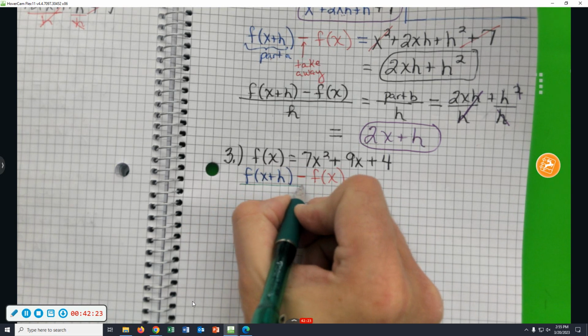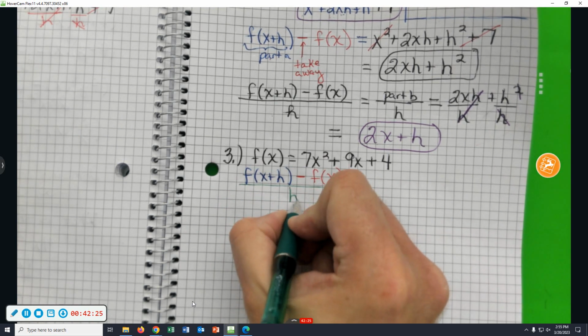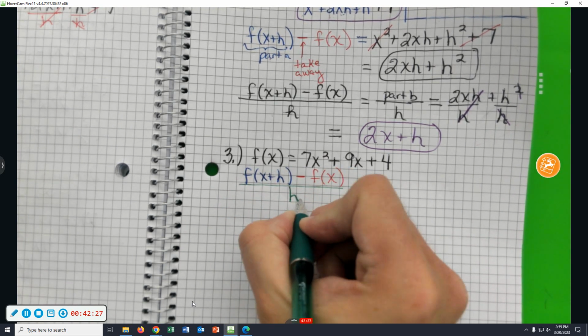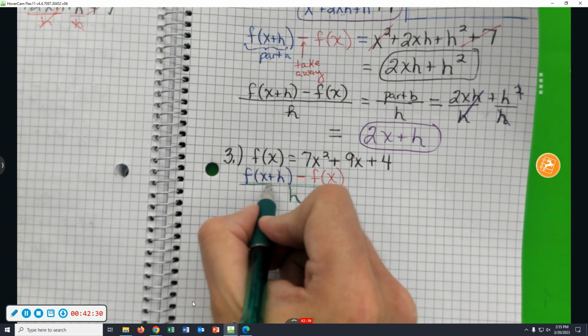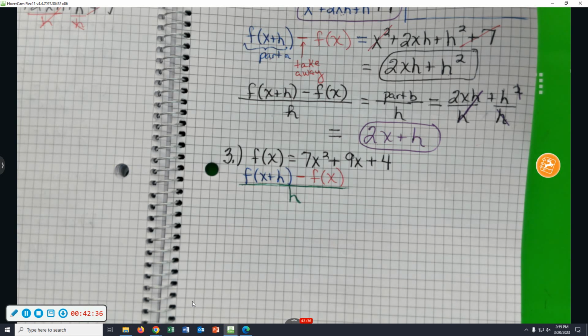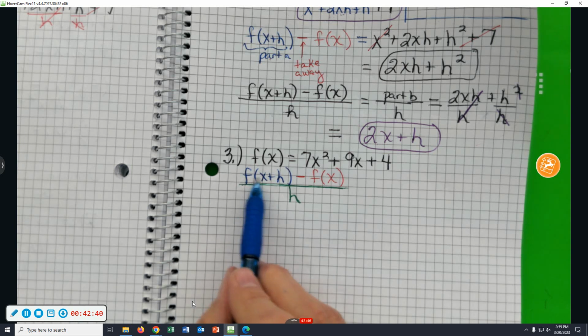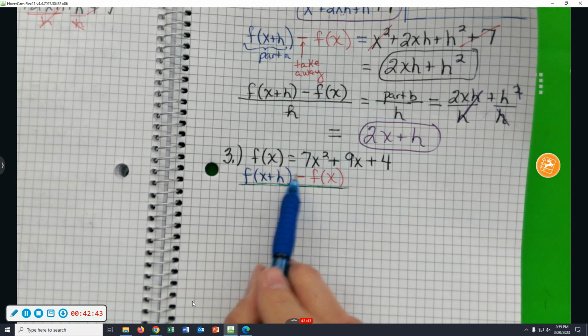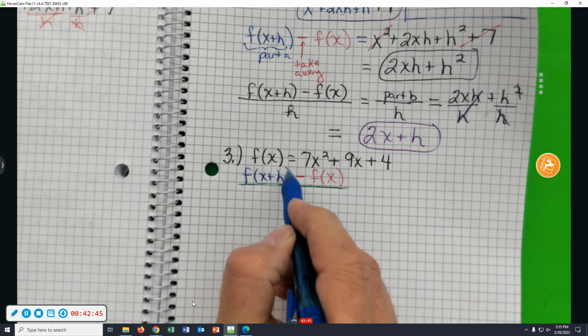Does that green show? Brother's always criticizing the green. There. And then for the over h, I'll do that in green. But the lengthy part of the problem is that first part, the f of x plus h. So I'm going to do that in blue.